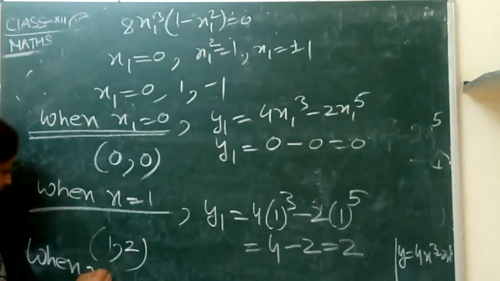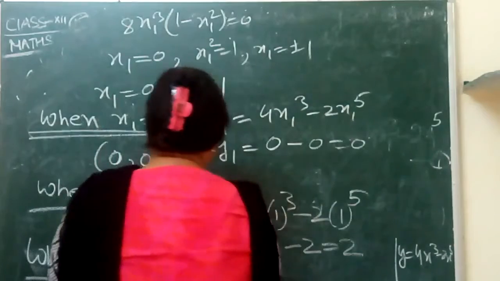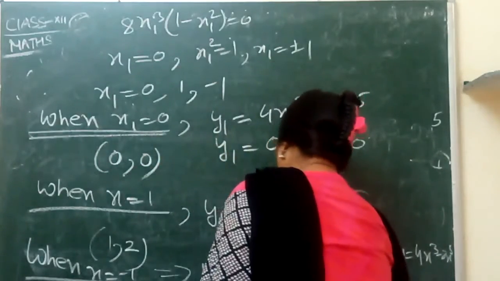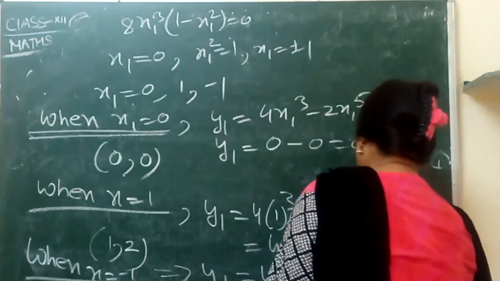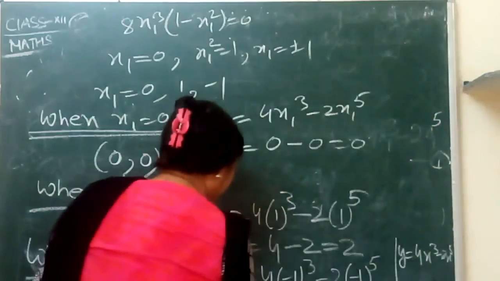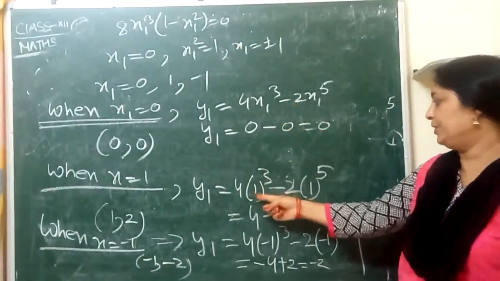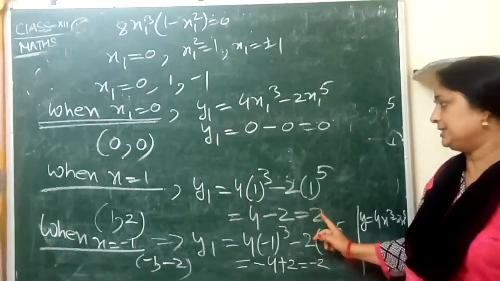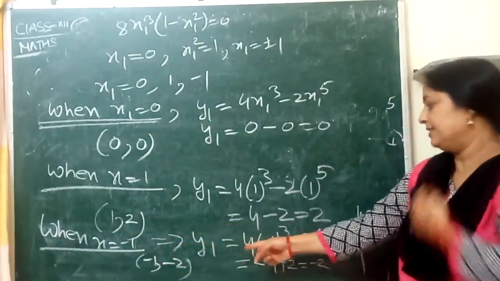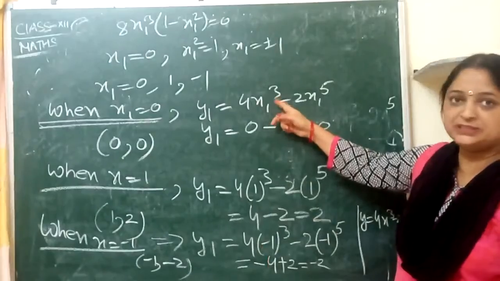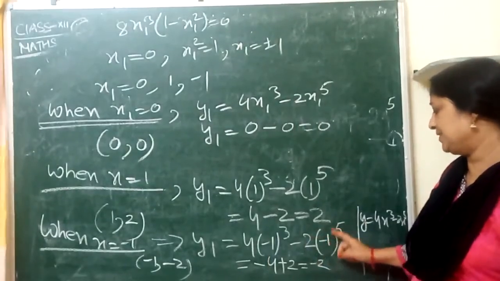When x is equal to minus 1, then what is the value of y1? The value of y1 will come 4 into minus 1 raised to power 3 minus 2 into minus 1 raised to power 5.